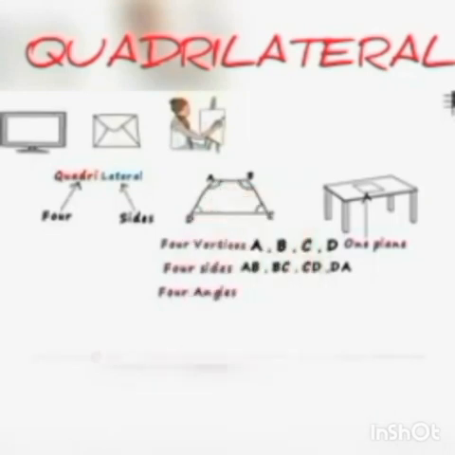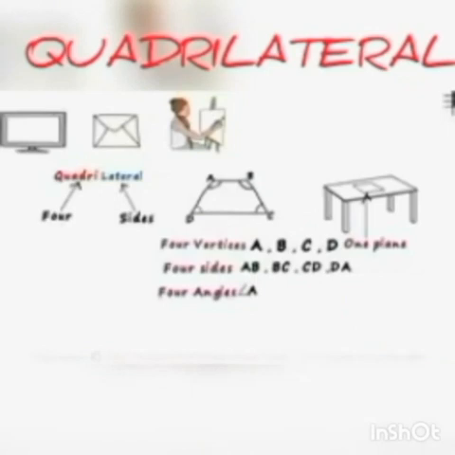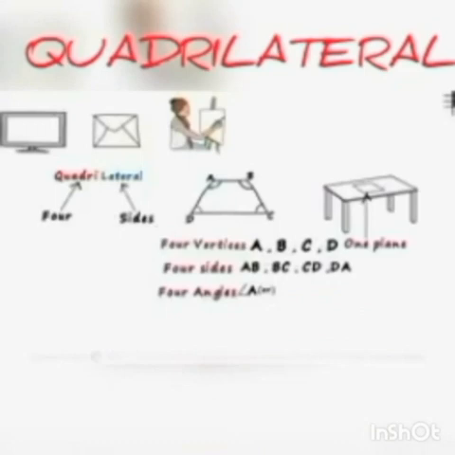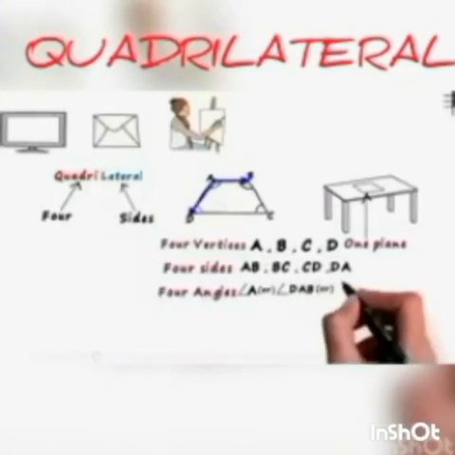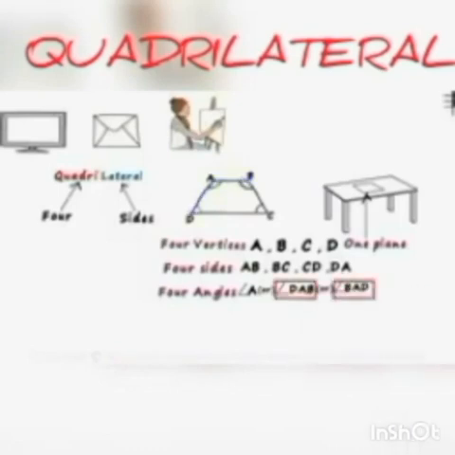We can name this angle as angle A. We named it on the basis of the vertex at which it is formed. But a better way to name this angle is angle DAB or angle BAD, because this angle lies between the sides AB and AD.